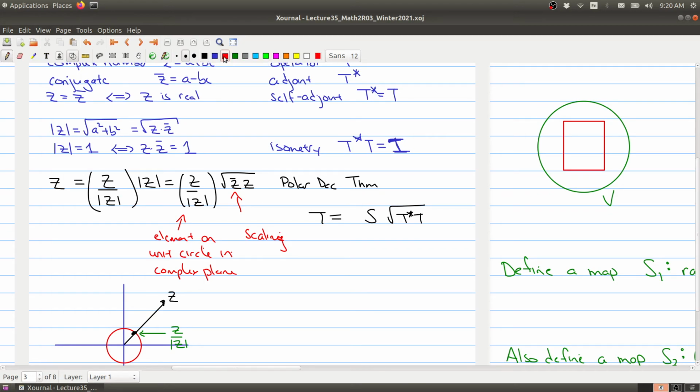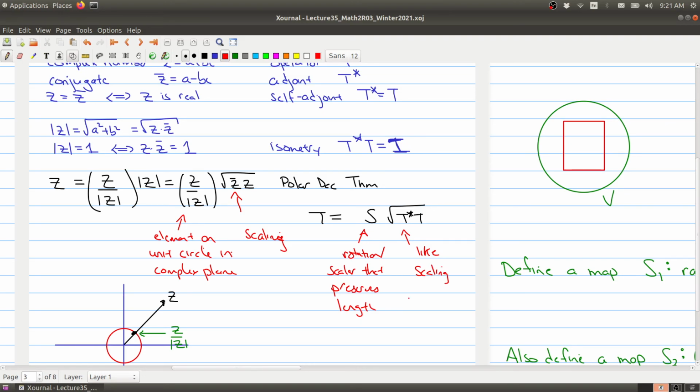One of the properties of an isometry is that this matrix here is simply a rotation and a scalar that preserves length. So you're preserving length, and then this part here is like scaling.